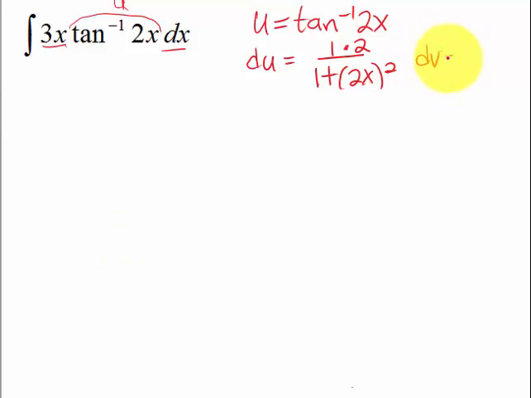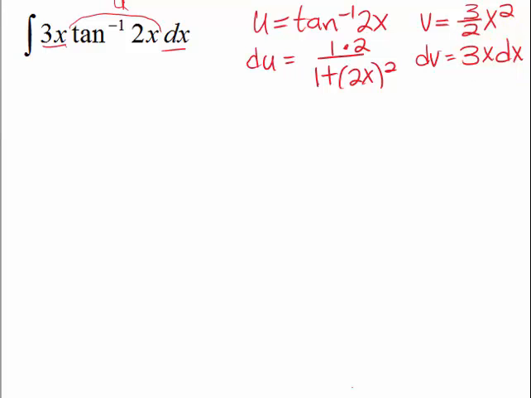Now our dv is 3x dx, so if I integrate that to figure out what v is, that would have been one higher power there, but I'm going to need the reciprocal of that power out in front, so that's going to be 3/2 x squared.